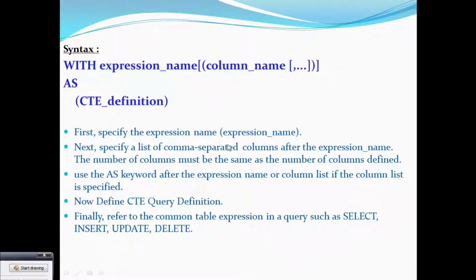The number of columns must be the same as the number of columns defined in the CTE query definition, and its result set matches the number of columns declared with the expression. So for example, if you declare two columns here, but the CTE query definition returns more than two columns, then it gives an error. So you have to take care of that point.